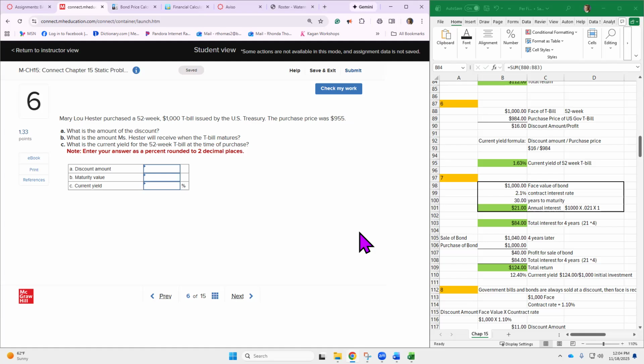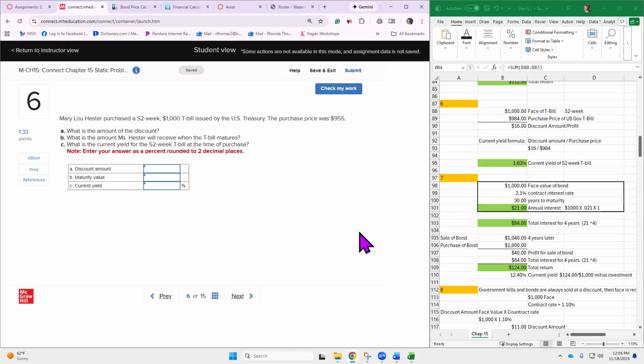The full $1,000. So the difference is what? $45, right? So that $45 represents the interest that the government will pay you if you hold on to it for 52 weeks, right?